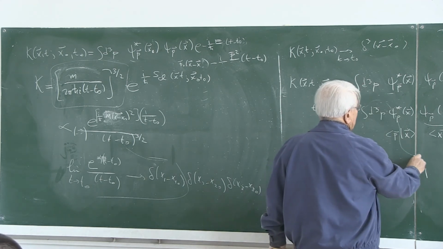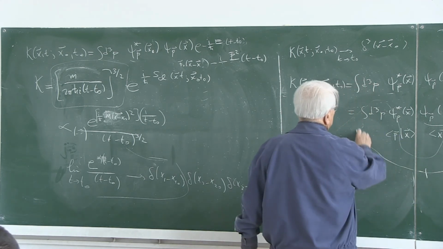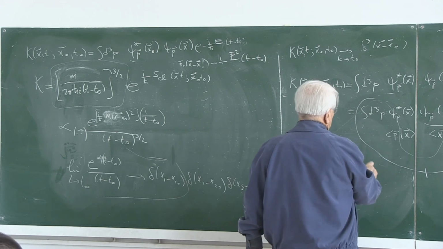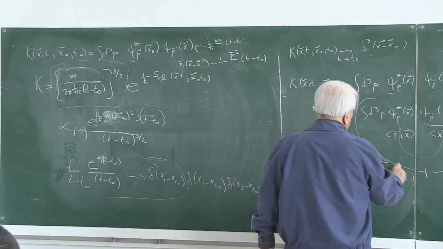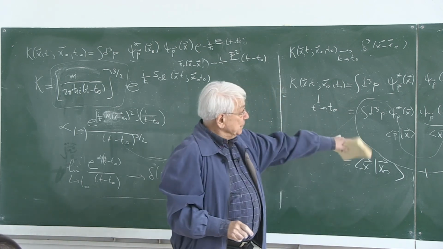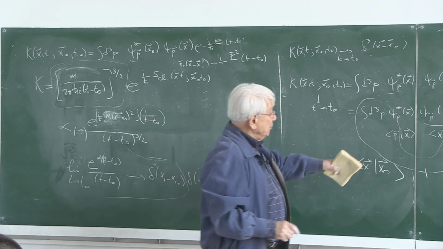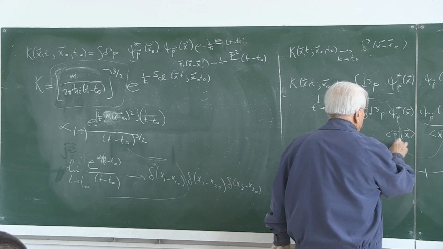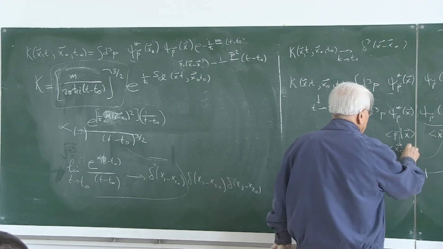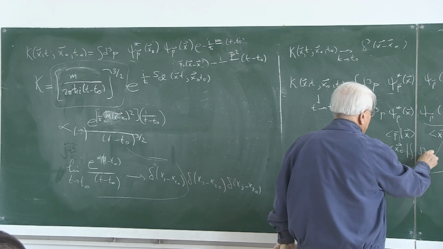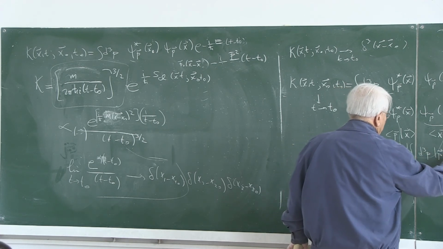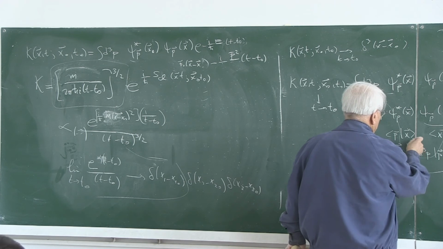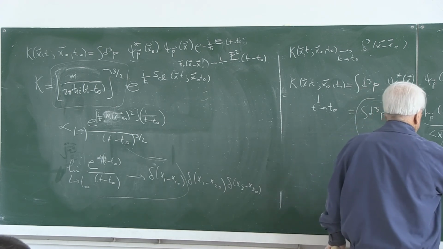Use the completeness. Isn't that beautiful? Write it in the following fashion: x0, this is equal to this inside, dq p, p, p, x.